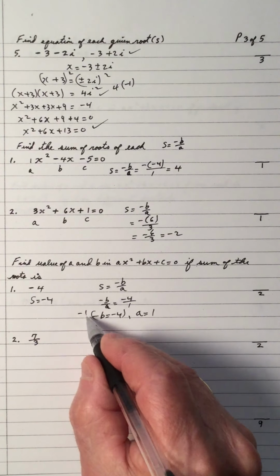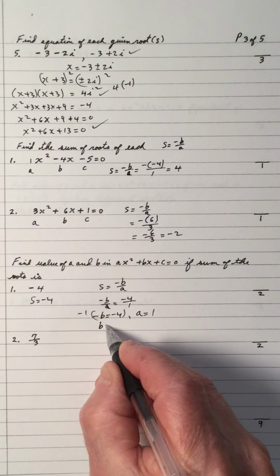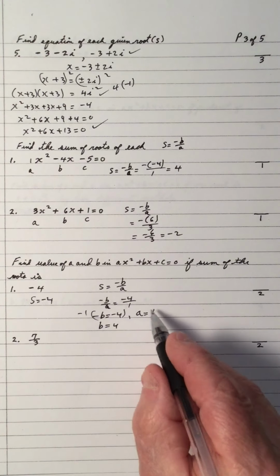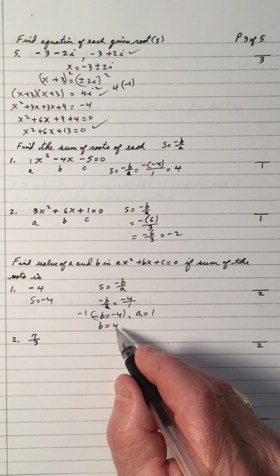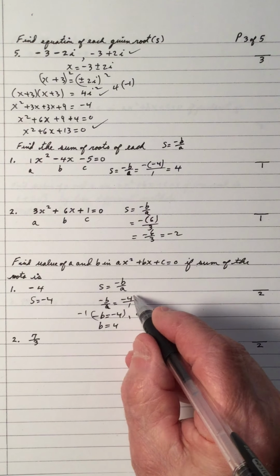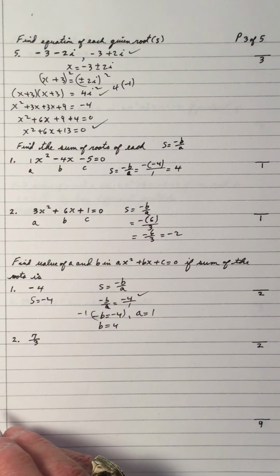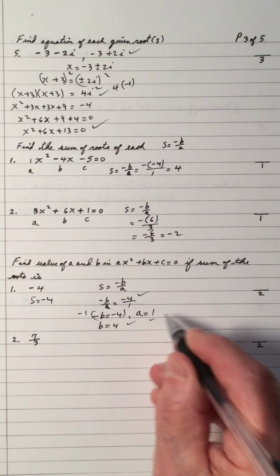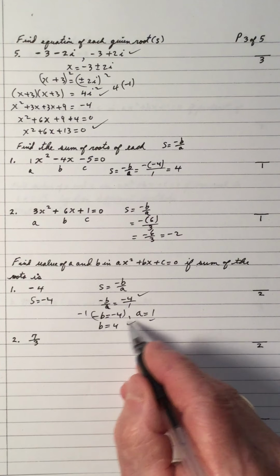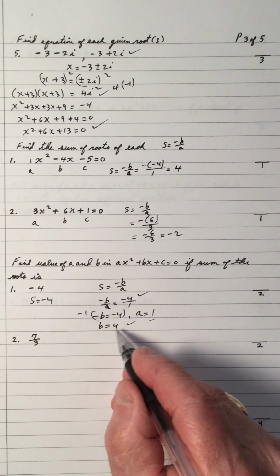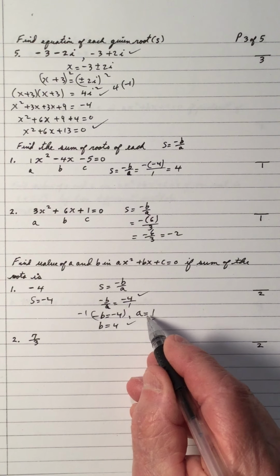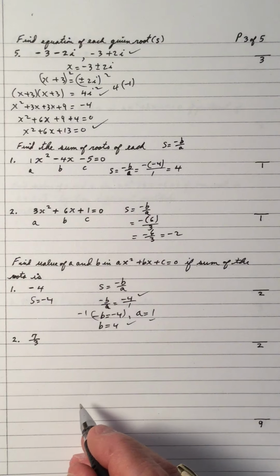We multiply the equation by negative 1, we get b equals 4. So a is 1, b is 4. If you have each of these right, give yourself a mark, either or. You get 4 and 1, give yourself 2 marks.